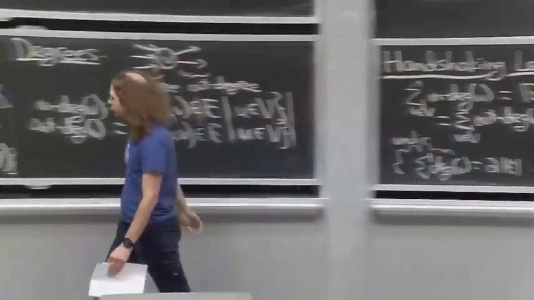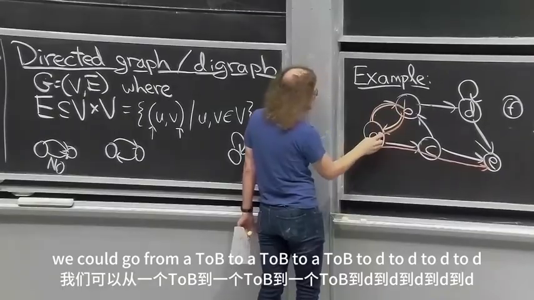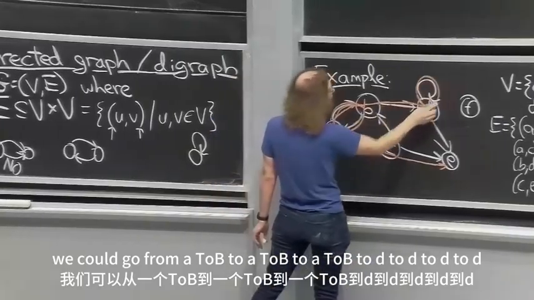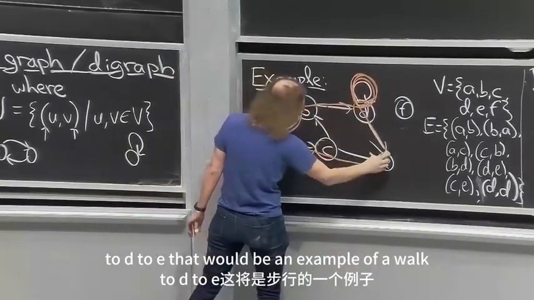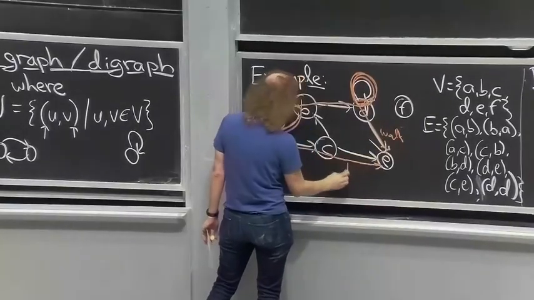Or we could go from A to B to A to B to A to B to D to D to D to D to D to E. That would be an example of a walk. A little more exciting.